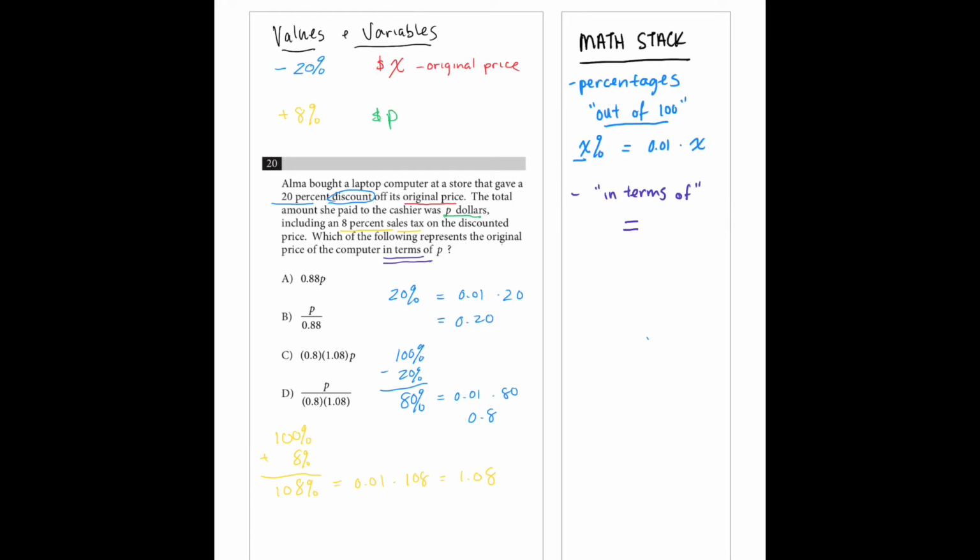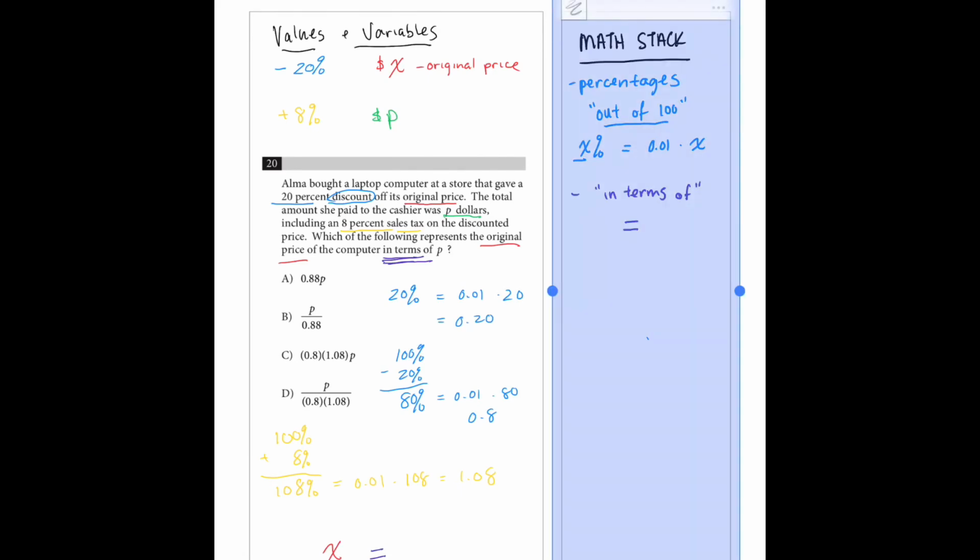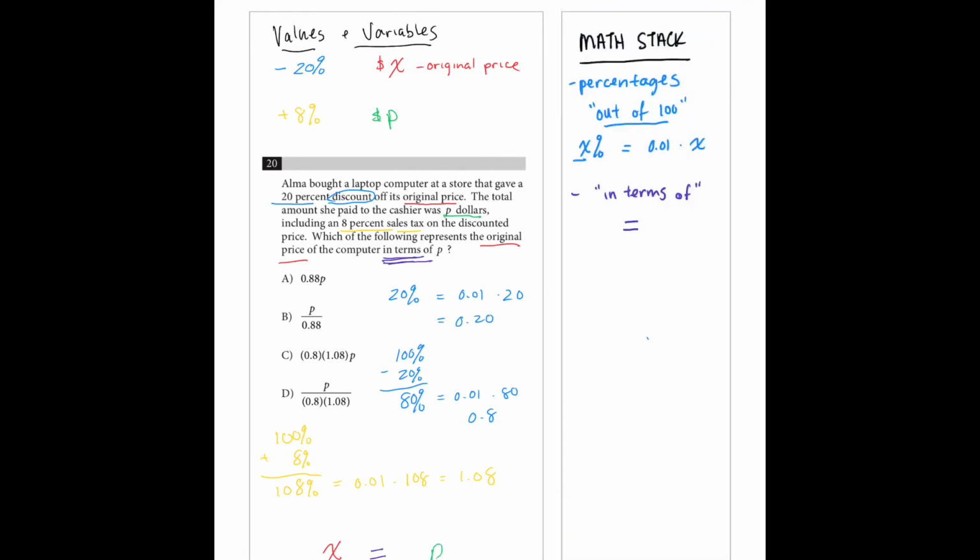So if we go back to the final question of the test, it says, which of the following represents the original price, which we understand to be x, of the computer in terms of, which we now understand to mean an equal sign.